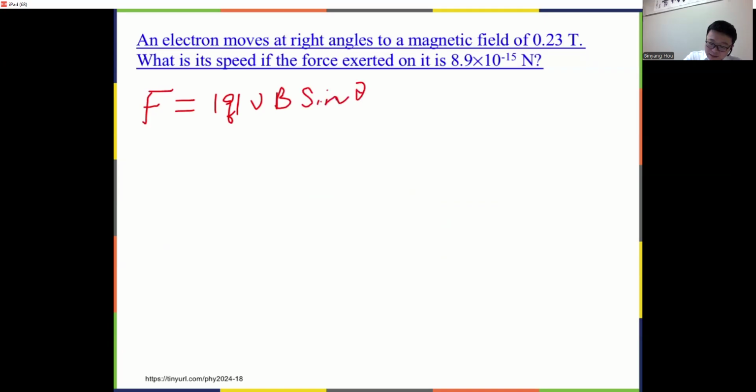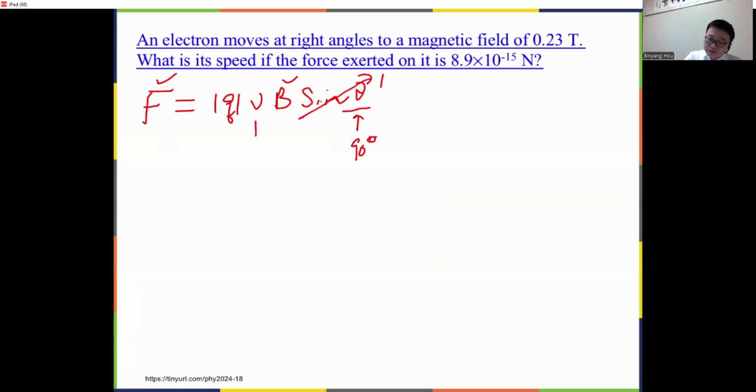We are given F, and we are given the B field, and it says at right angle. So theta is 90 degrees, which means sine of 90 is 1, so you can just take this out.